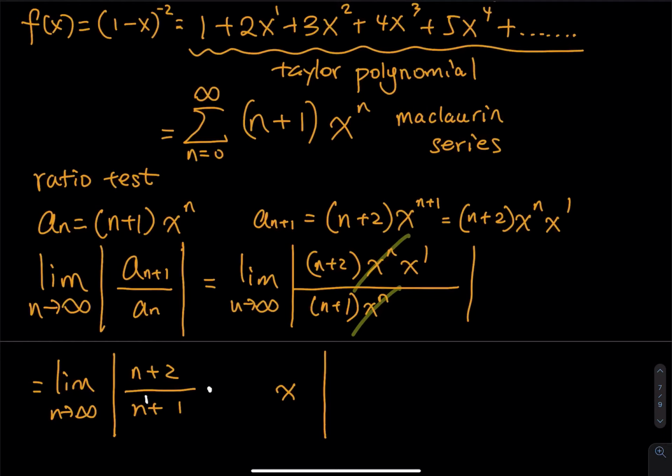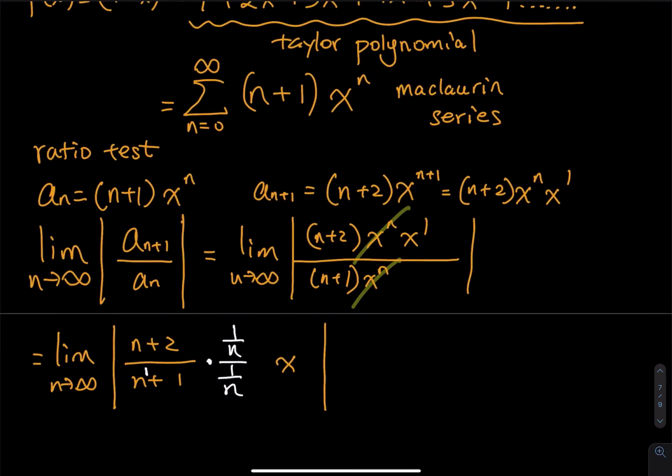So you have to divide each term by 1 divided by n raised to the first power. If the highest degree in the denominator is 5, then that will be 1 divided by n to the 5th. I don't care about the numerator. All right, so back to this problem. As n approaches infinity, we have (1 plus 2 divided by n) over (1 plus 1 divided by n), so the fractions go to 0, and then times the absolute value of x.